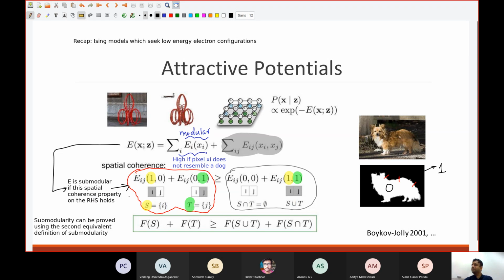Is this clear? Instead of saying submodularity, it can be associated with, or rather, the spatial coherence properties. That's what I meant. Is it okay? Simple association.